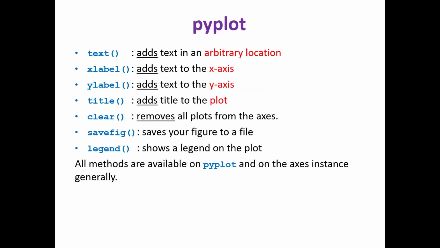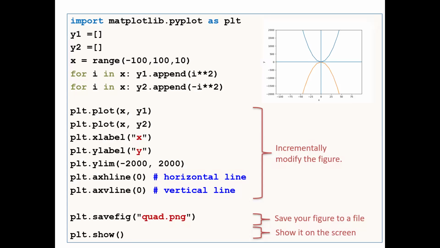If you want to show a legend on the plot, then you can make use of the legend function and so on. These functions are applicable to all plots: plot, scatter plot, line plot, bar chart, histogram. If you want to give a title to any plot, you can make use of the title function.